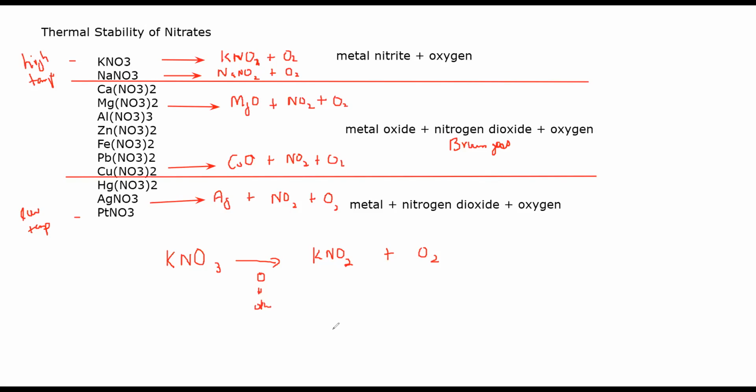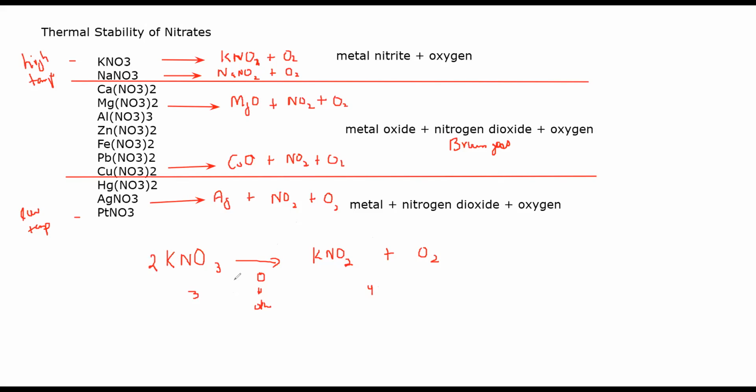So first thing, you have to balance oxygen. I have 4 oxygen on my right hand side, and 3 oxygen on my left hand side. So what I can do, I can put 2 here.